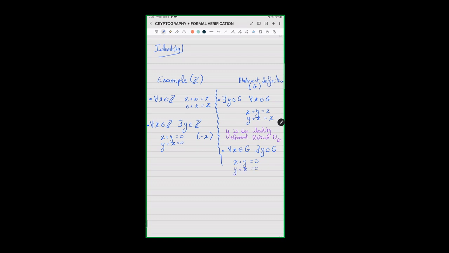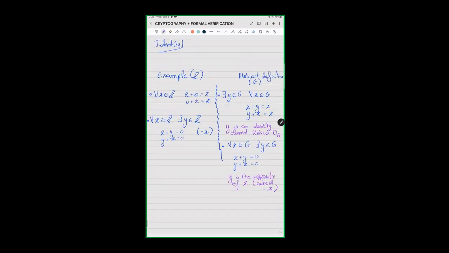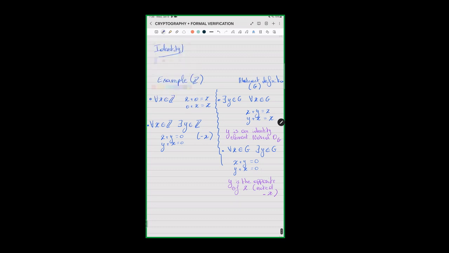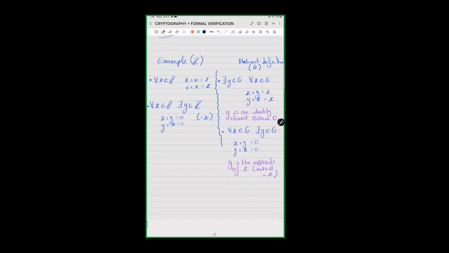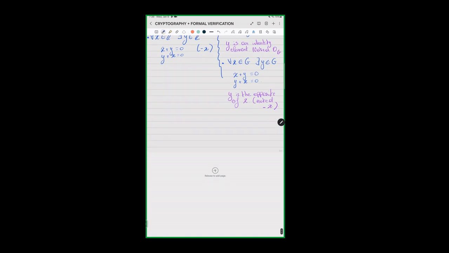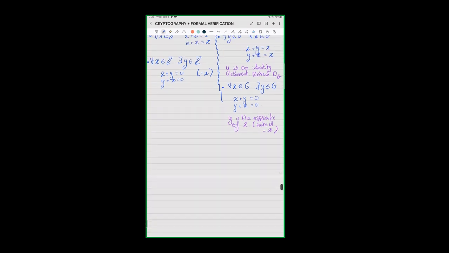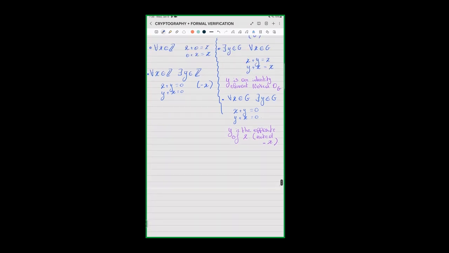And we say that y is the opposite of x, noted minus x. I think it's pretty clear until now, everyone. If I'm too slow, just let me know.